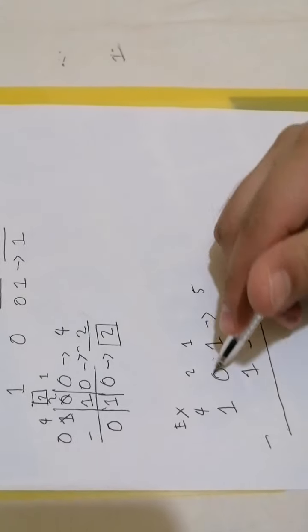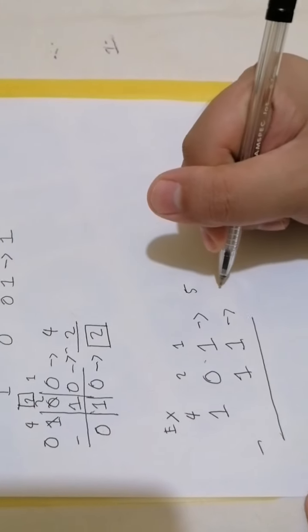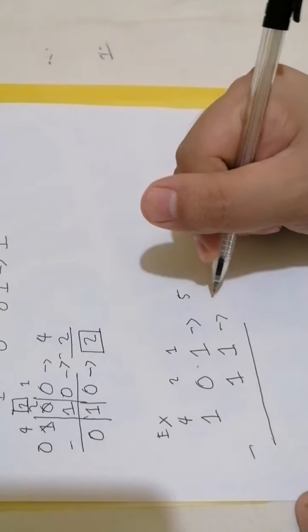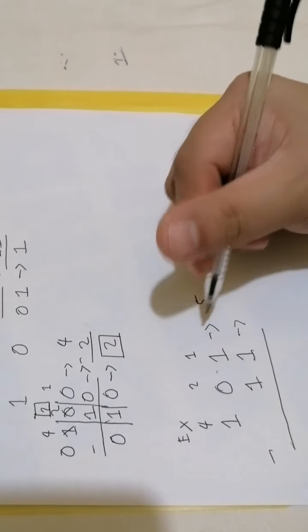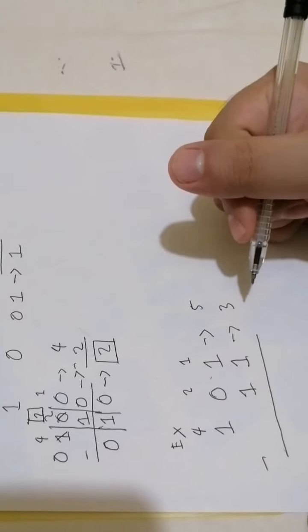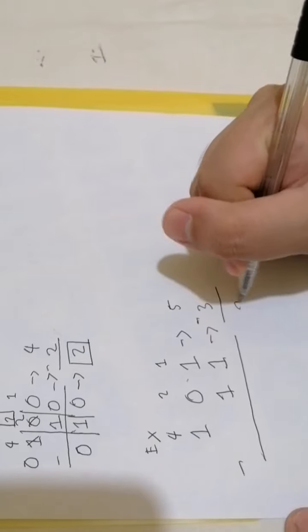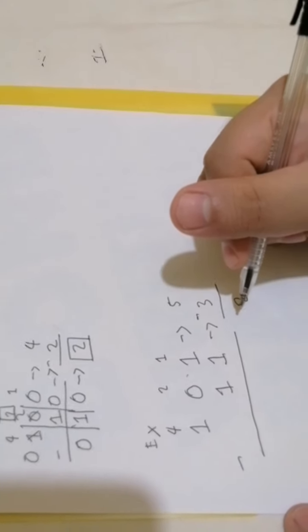And 1, 1, that's gonna be 2 plus 1, which is 3. So we should get 2 as a final answer.